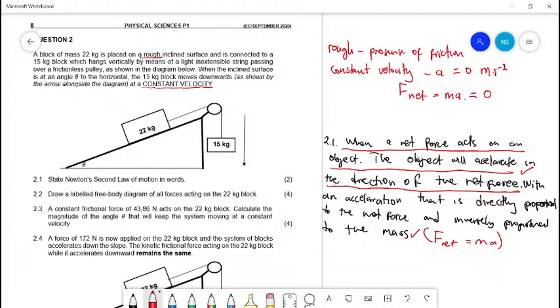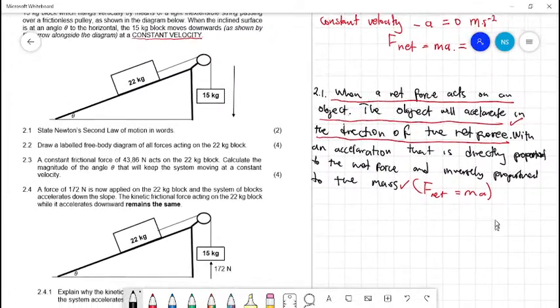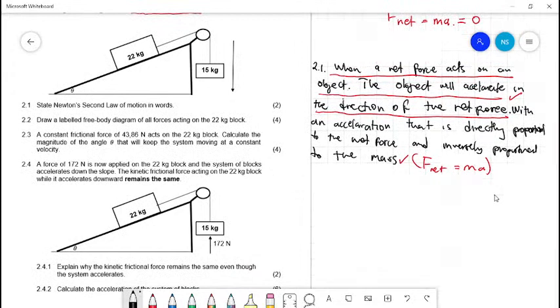We'll get that in the examination guideline. So now let's proceed to 2.2, which is the drawing of the free body diagram. So I said that you're always going to get these types of questions to draw a free body diagram. So that's 2.2.